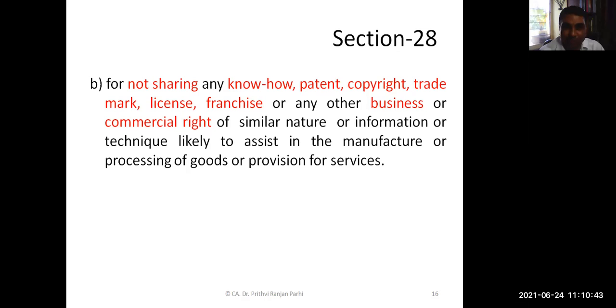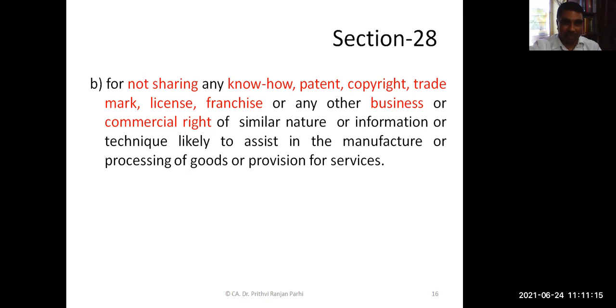Most of these are intangible assets: know-how, patent, copyright, trademark, business or commercial right. If certain compensation is received for not sharing these things, then that money shall be treated as income under the head profits and gains of business or profession.